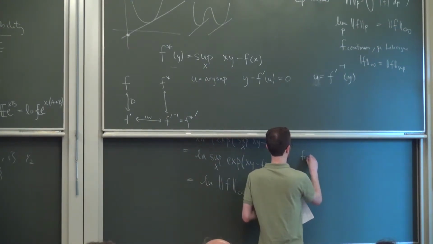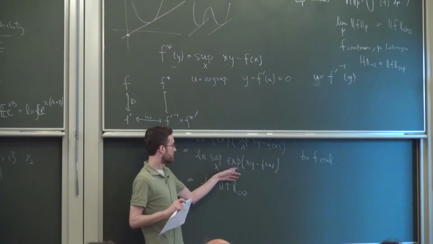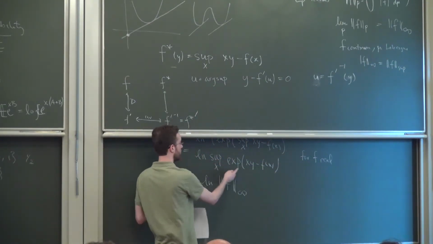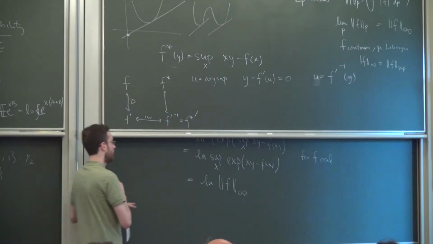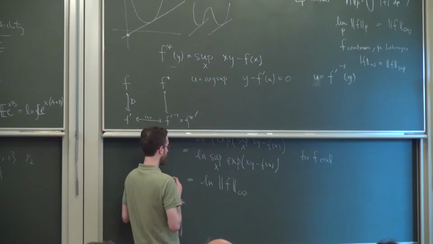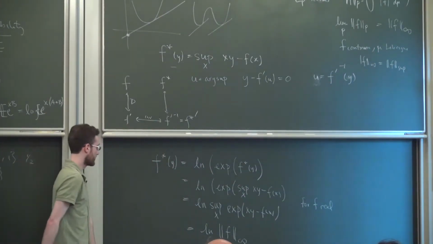For f real, as long as this is a positive number, this ends up being positive, and so you don't have to worry about taking absolute values. So what you have is this.